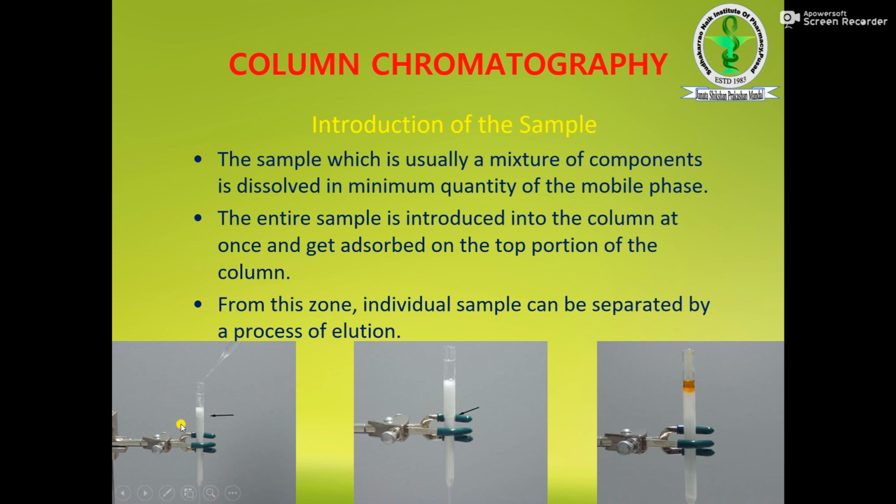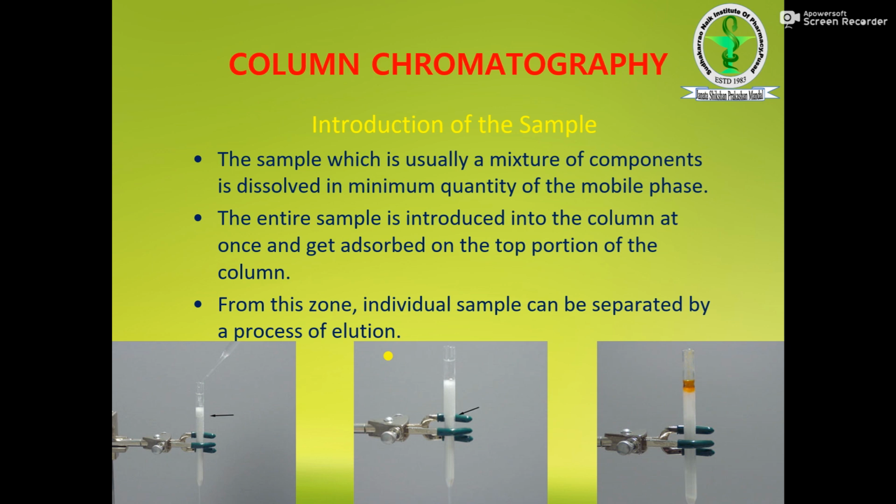Generally, initially, as shown in the diagram, there is an adsorbent, here is some sort of solvent, and then there is addition of the sample. The sample, which is usually a mixture of components, is dissolved in a minimum quantity of the mobile phase.